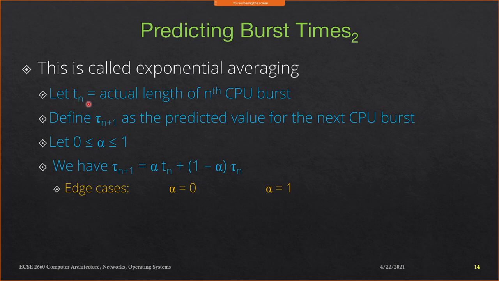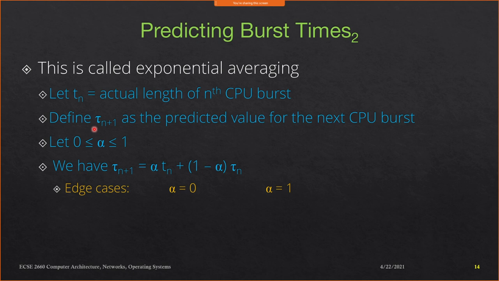So think of n as the nth CPU burst being used for actual data, actual length, not a predicted length. And we are defining now tau sub n plus 1 as the value for the next CPU burst. So how can I predict the CPU burst for the next time?